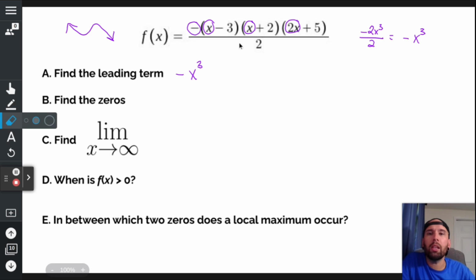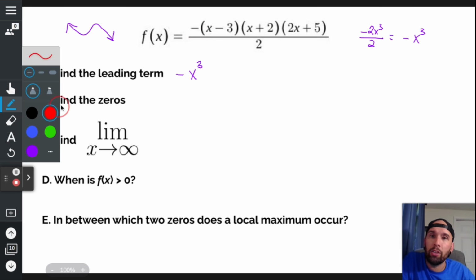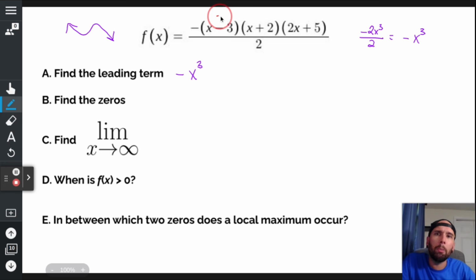Let's clean this up because now I have to find the zeros. The way you find the zeros is you take each factor that contains an x and you set it equal to 0. This one is easy, it's just 3. This one is negative 2. This one not so much, so I'll set up 2x plus 5 equals 0.